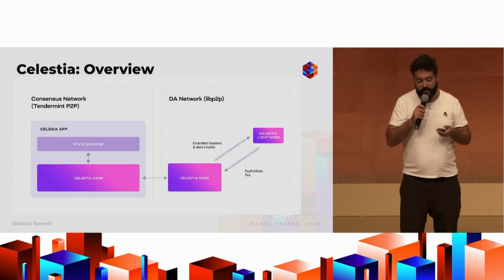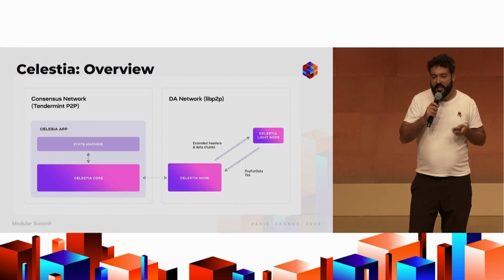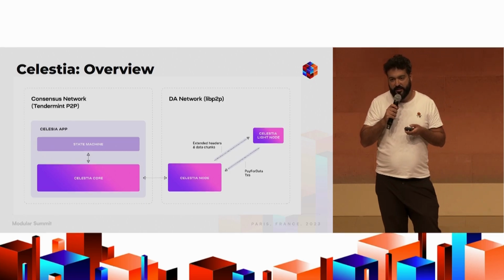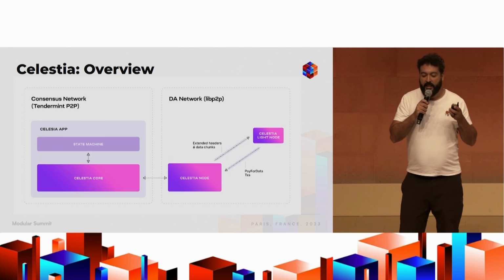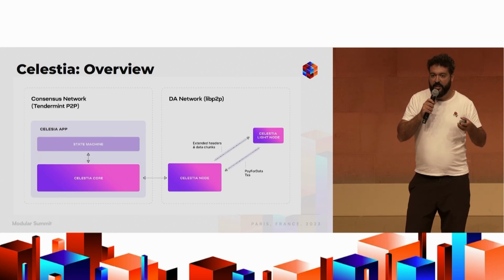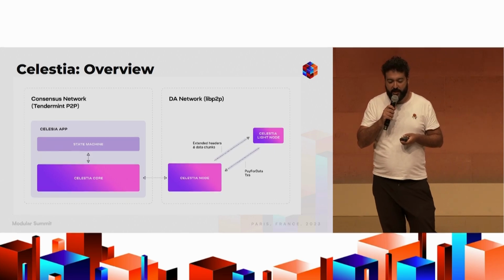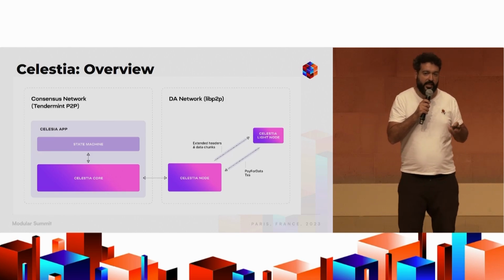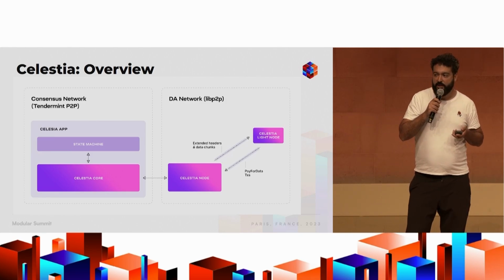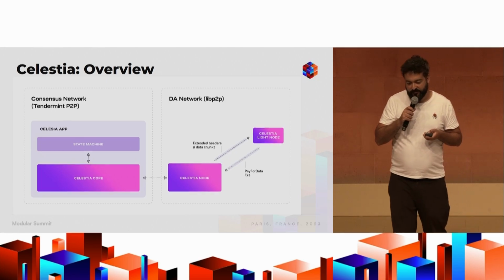We also used the namespace Merkle tree for that data. And the third component that I mentioned, the data availability sampling, is done in a different layer, in a different peer-to-peer network. We call it the DA network, heavily reliant on BitSwap and libp2p.